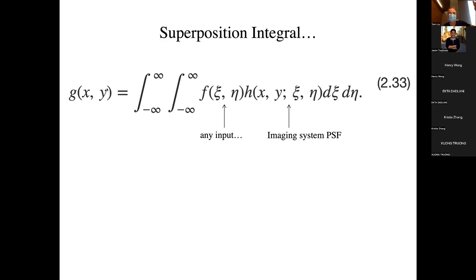When I want to say, what does my image look like at this point, I look at my impulse response at that point and integrate that impulse response over the entire space of my image. And so I would have to do that individually for each x,y, and I would have a different H for each x,y if the system changes from point to point.